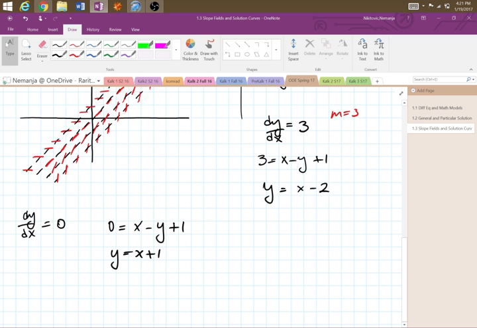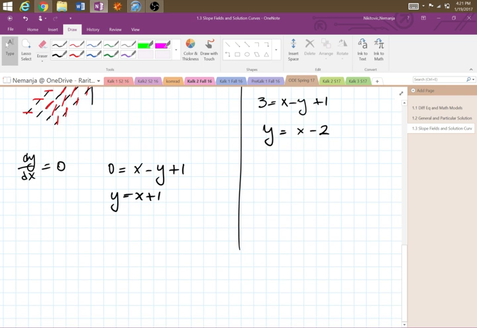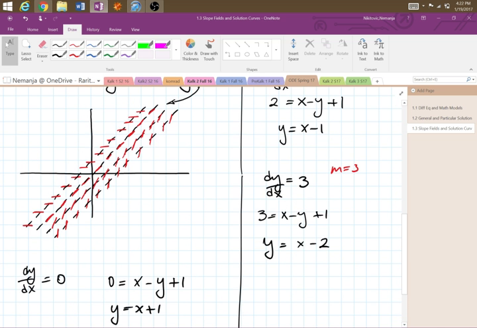And then let's do dy/dx equals -1, which is -1 is equal to x minus y plus 1. That's y is x plus 2. Right here. And we draw slopes -1, which are 45 degrees slanted the other way. So they actually meet perpendicular.